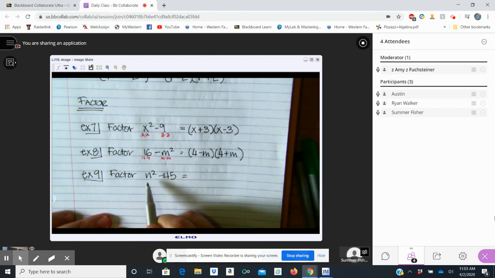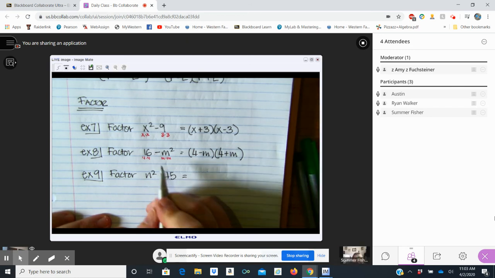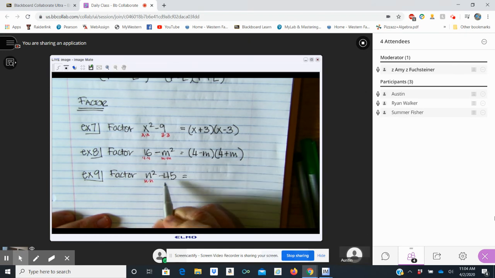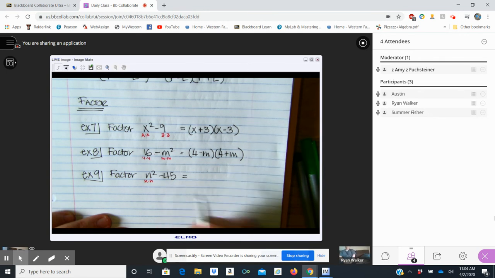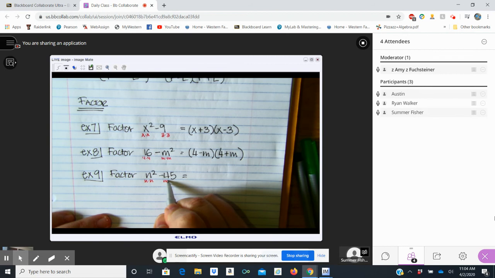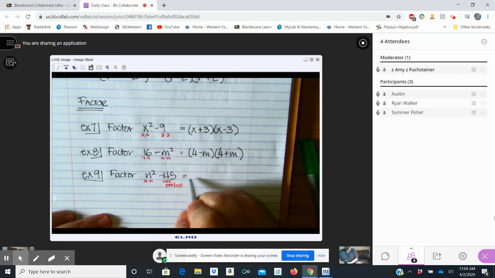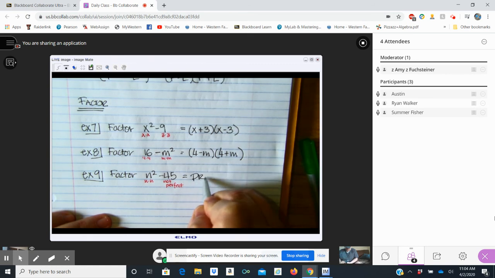All right, so now we have n squared minus 45. N squared is n times n, but is 45 a perfect square? No. Since it is not a perfect square, the pattern cannot be used. And this is prime.